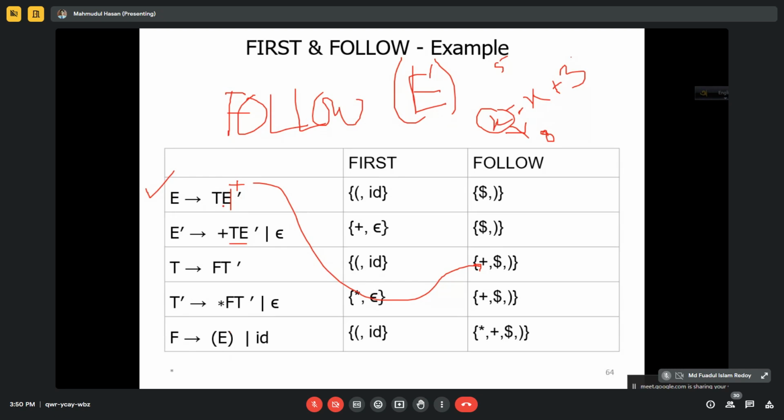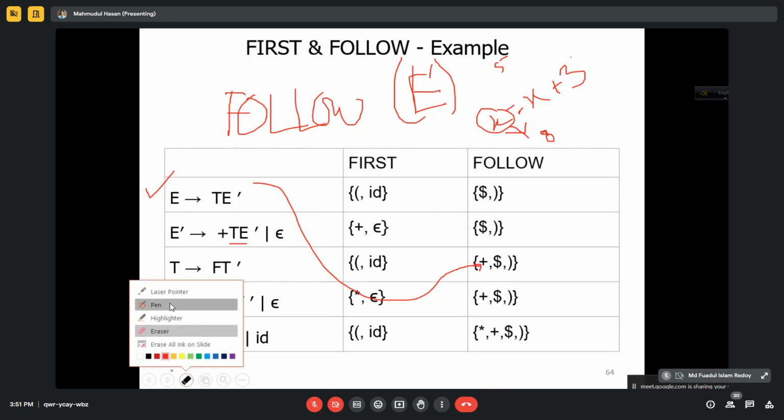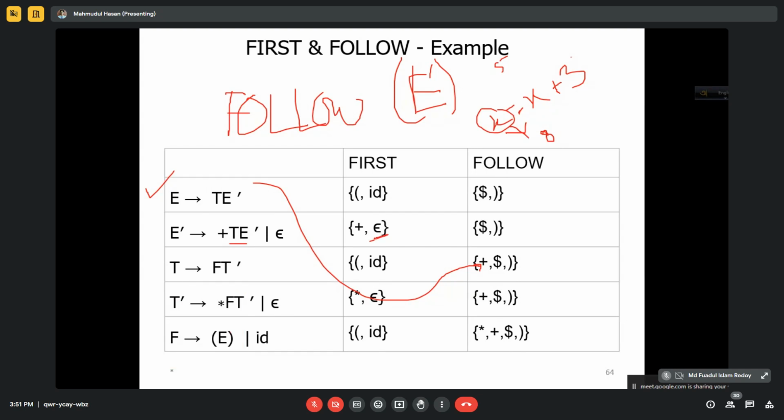Then you need to replace E dash with epsilon, because epsilon is also a first value of E dash. So when you replace E dash with epsilon, this symbol will vanish.